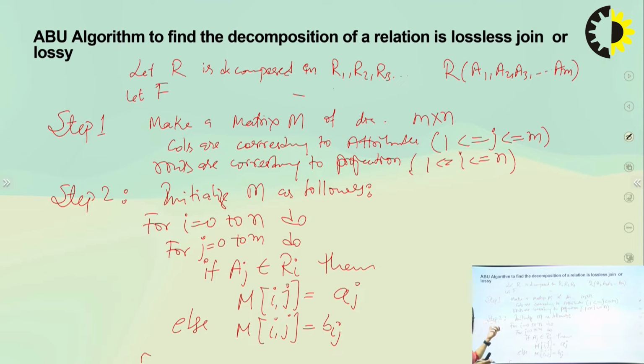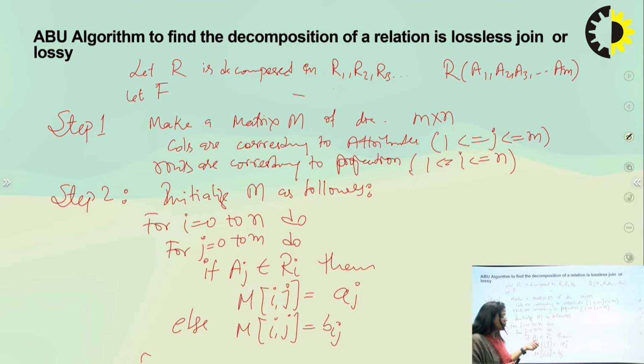Then step 2, initialize M as follows. How do we need to initialize, how do we give a value to each and every element of the matrix? By applying a nested for loop, which you know very well. And what is the condition to initialize?